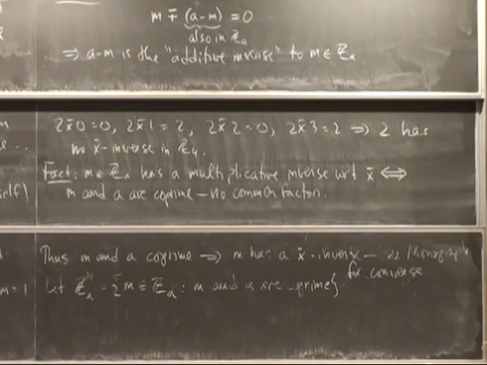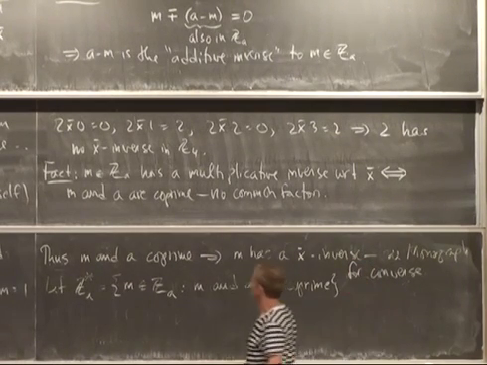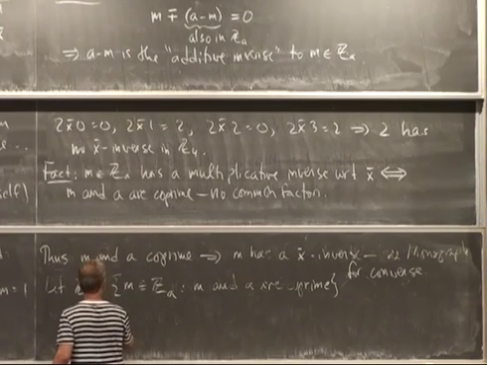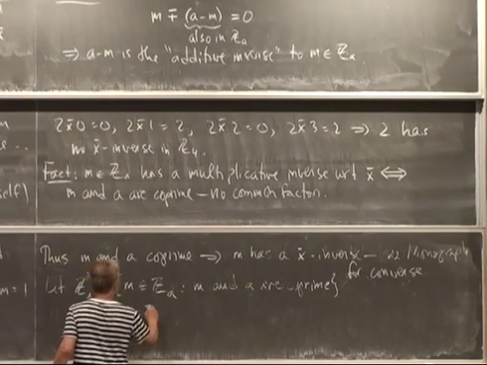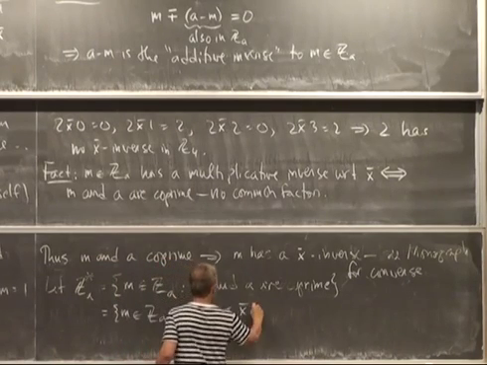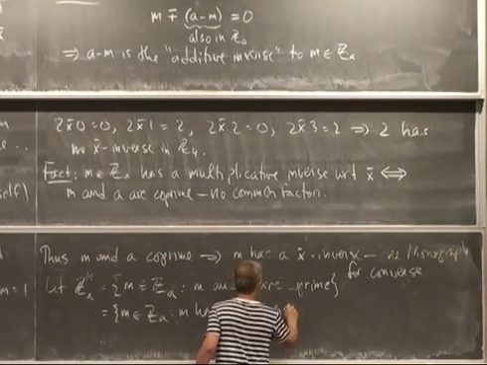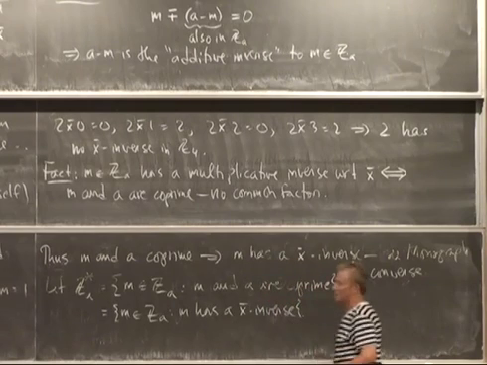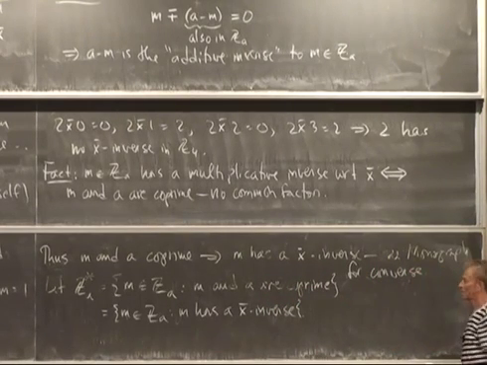So, in other words, it's the set of all M's that have multiplicative inverses. That turns out to be a really important set of numbers.